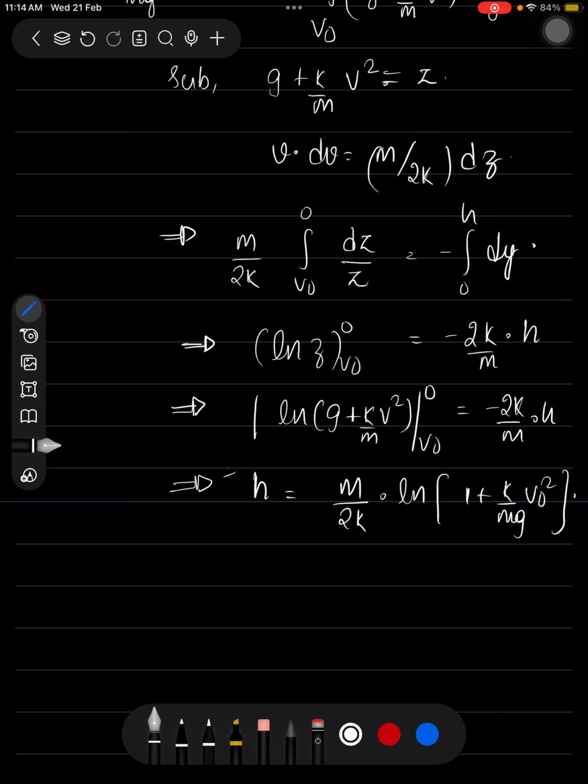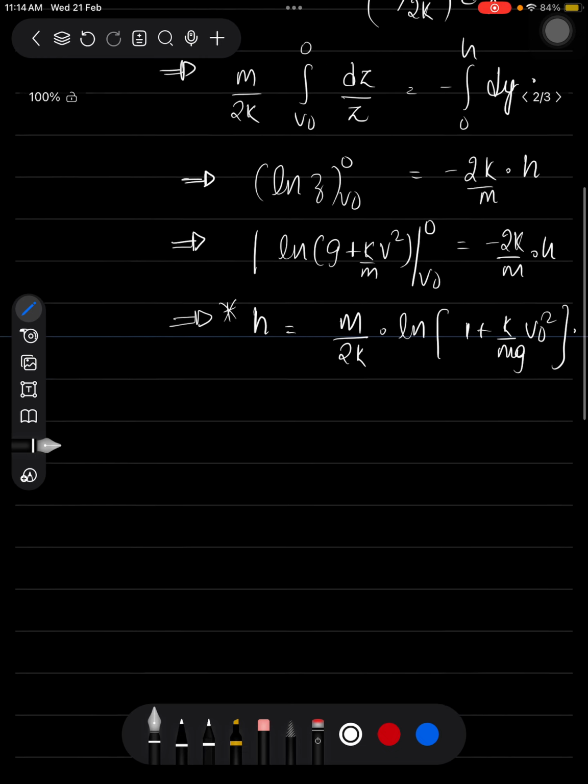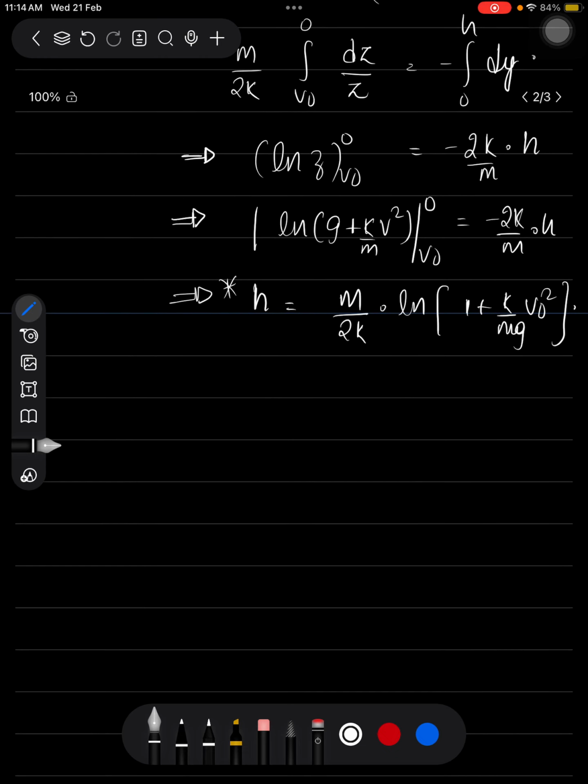This can be a question where they can ask what is the maximum height up to which the particle is reaching. Now when we consider its downward motion, mg is definitely going to act in the downward direction, and the drag force will act opposite to its velocity, so I have to take kv² upwards.